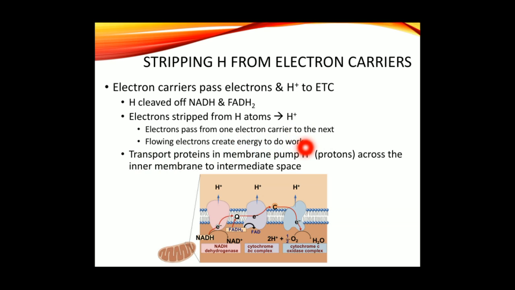This energy helps in the pumping of H plus from the matrix to the intermembranous space, and transport proteins in the membrane pump H plus across the inner membrane to the intermembranous space. As you can clearly see, guys, the protons are being shifted from the matrix to the intermembranous space. So this is the concept here. Now let's move on.